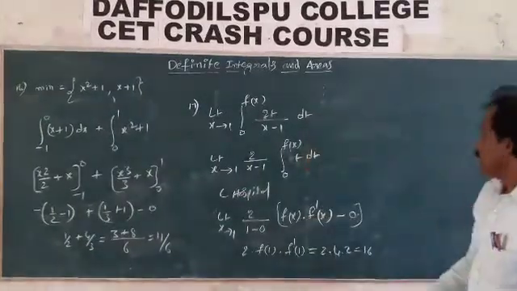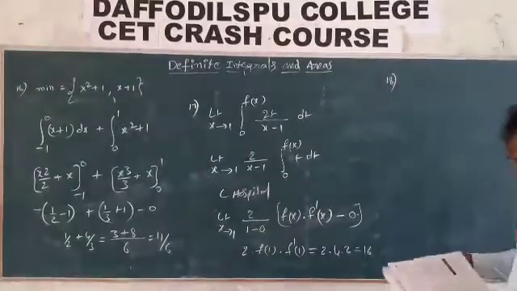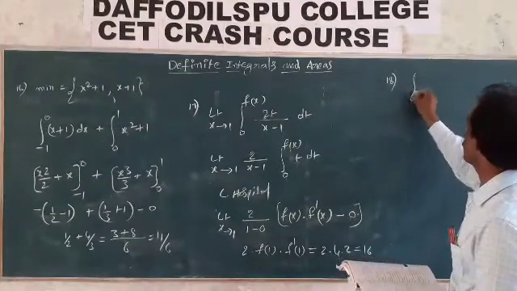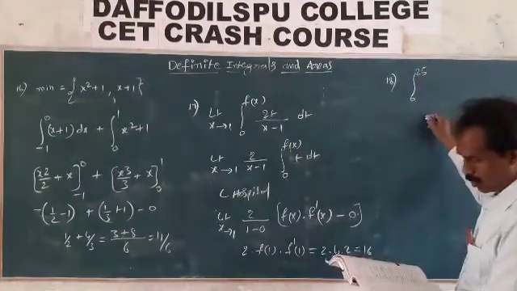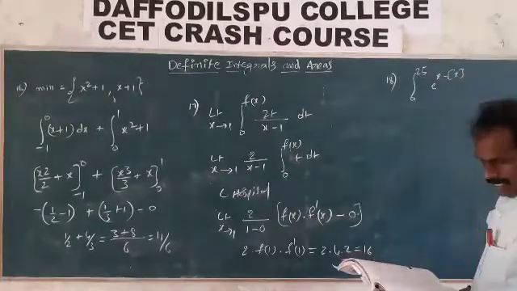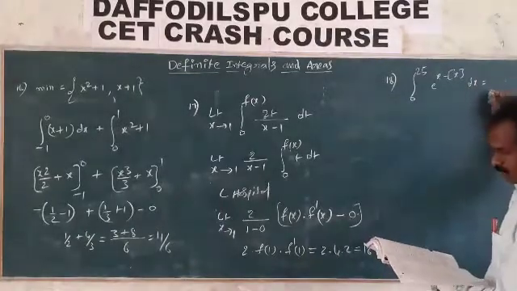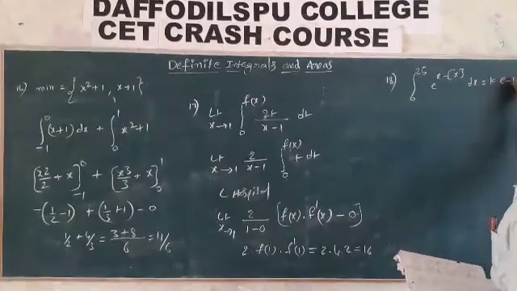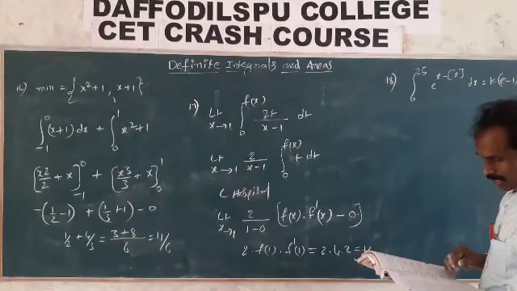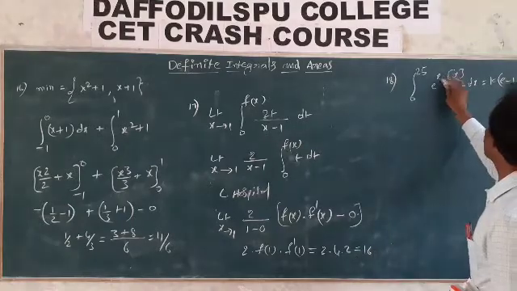18. Integral 0 to 25 of e power x minus step x value dx is equal to k of e minus 1, then what is the value of k?